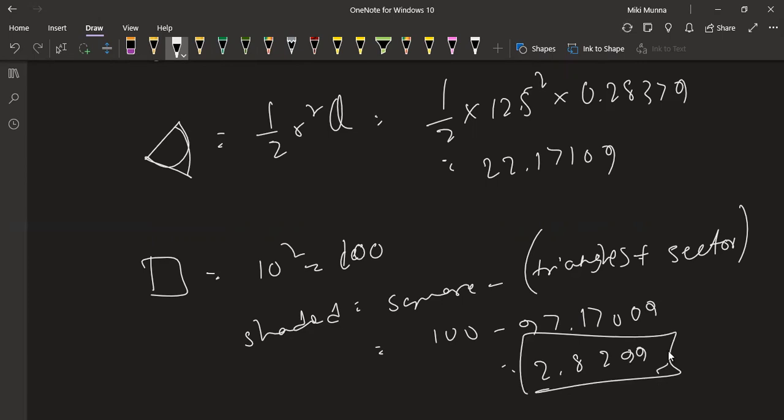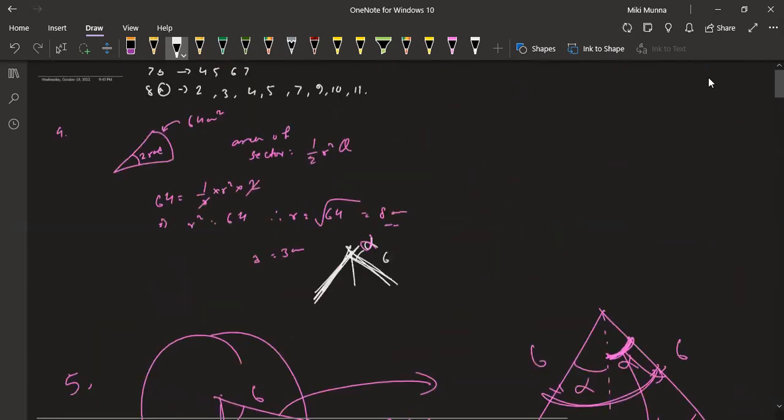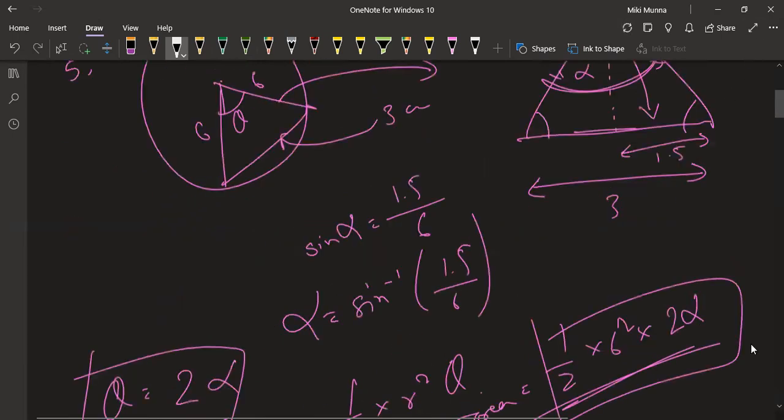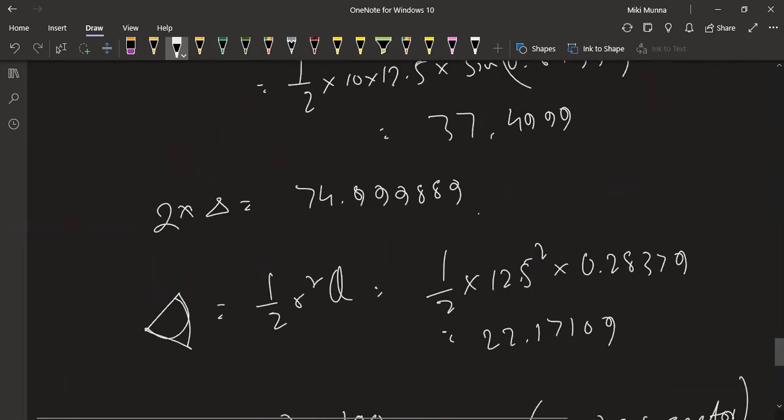Okay. Now moving on to our next question, which is in our next chapter, chapter 8. We have questions 2, 3, 4, 5, 7, 9, 10, 11. Let's see. Exercise 8A, isn't it?